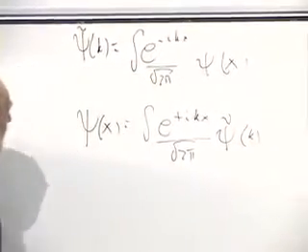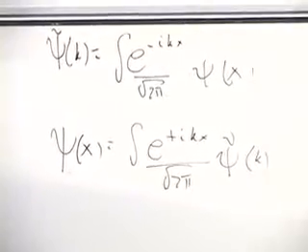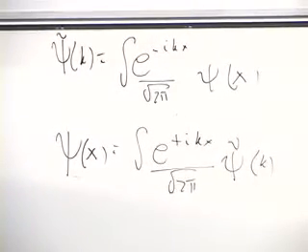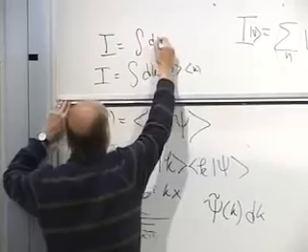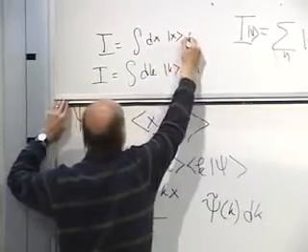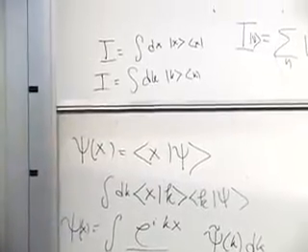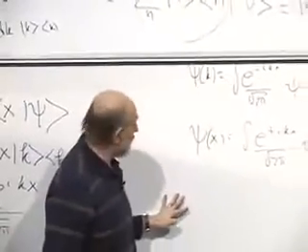The only asymmetry here is that one of them has an e to the minus i kx and the other has an e to the plus i kx. So this type of formula here is rather powerful. And it encapsulates, among other things, the reciprocal relationship of Fourier transforms.